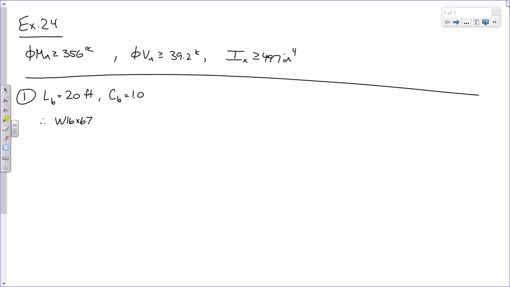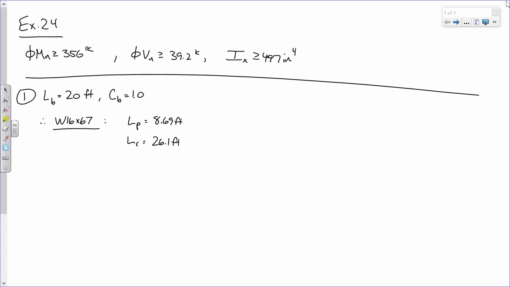I'm going to put the W16x67 on the board, but let's check it to make sure that this is in fact the section we're going to investigate. In order to do that, I need a few values, and I'm going to need your help. First off, for the W16x67, what is the Lp and the Lr? Lp is 8.69 and Lr is 26.1.